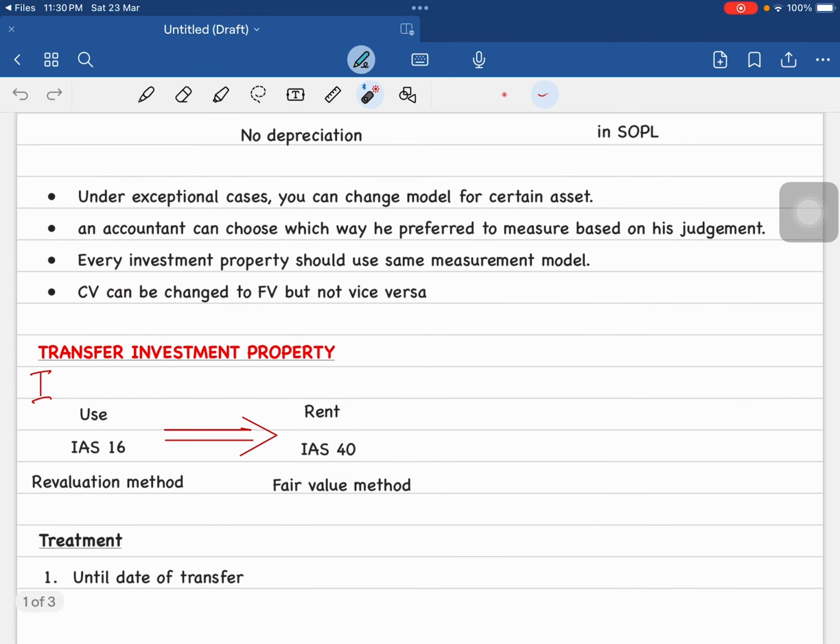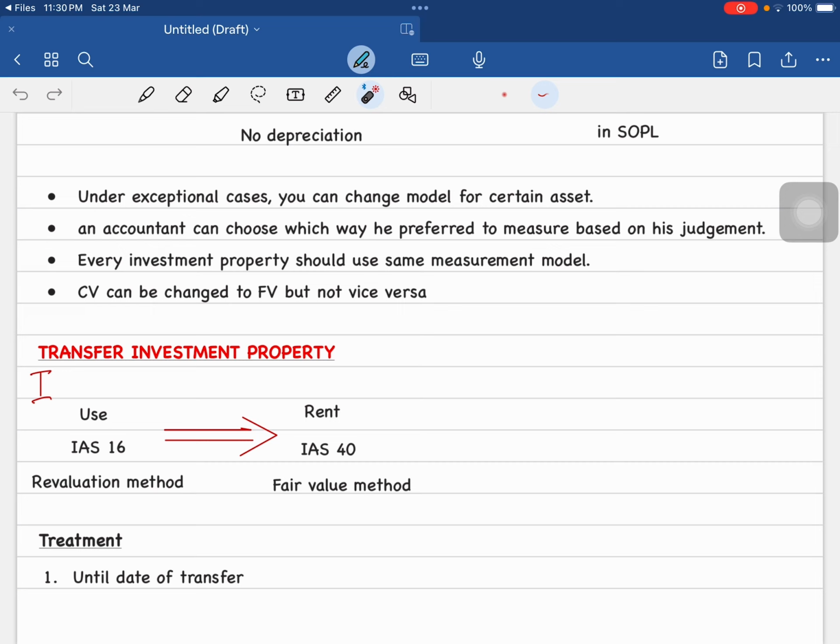Now, when it comes to transfer of investment property, we have four cases. The first case is where you're converting an IAS 16 asset to an IAS 40 asset. That means an asset which you have been using is going to be changed into a rental property. The treatment is divided into three time periods.